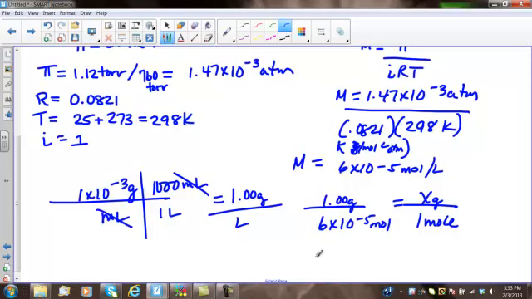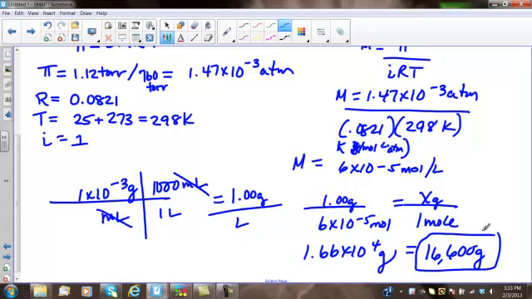So if I cross multiply and divide here, I get 1.66 times 10 to the 4th grams, or basically 16,600 grams. And you might say that that's a very large molar mass, but proteins are extremely large, so that's possible.